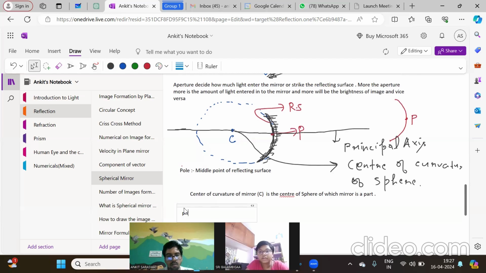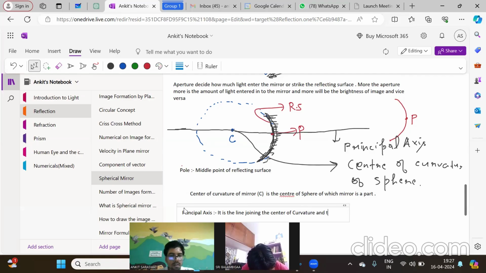The line joining the center of curvature and the pole. The principal axis is the line joining the center of curvature and the pole. Clear?